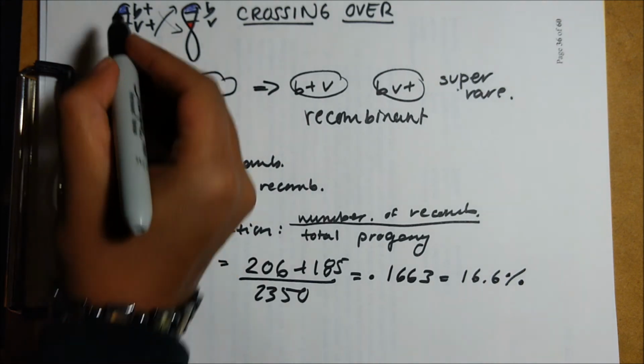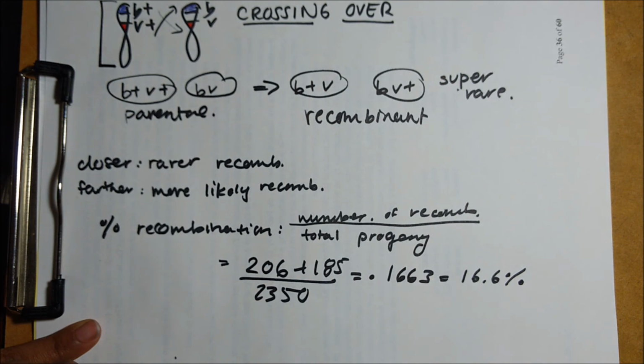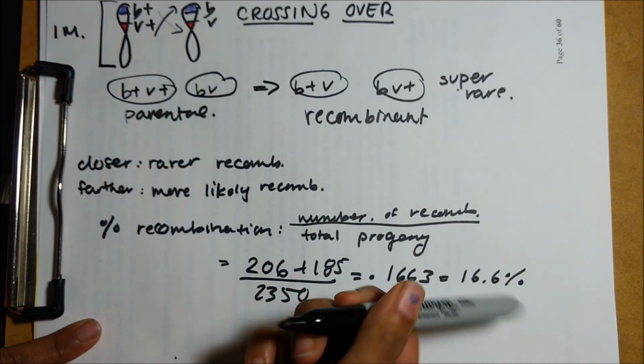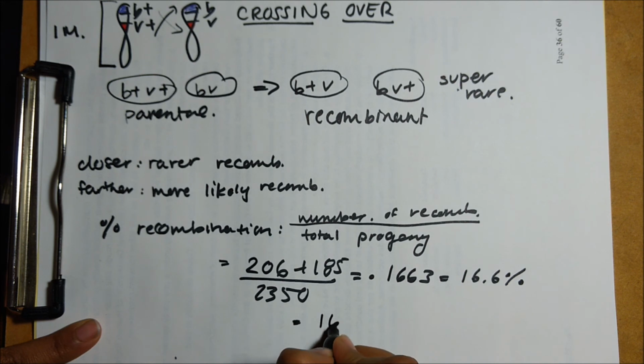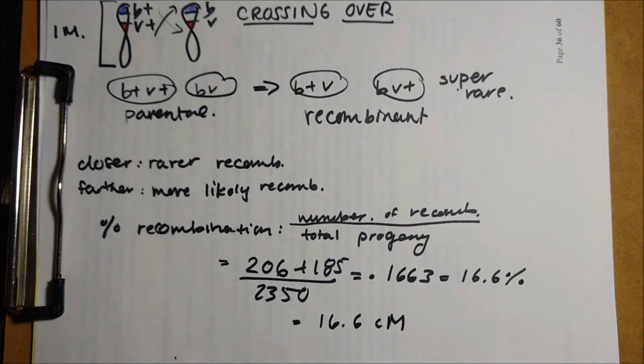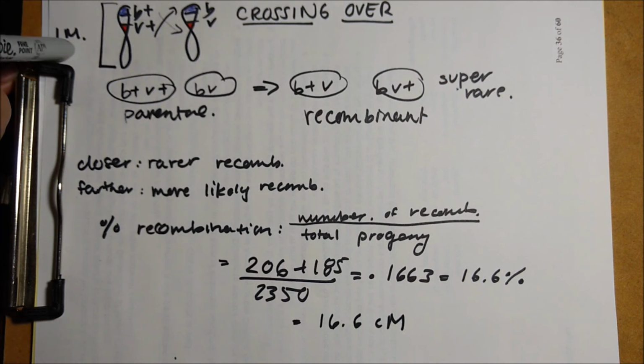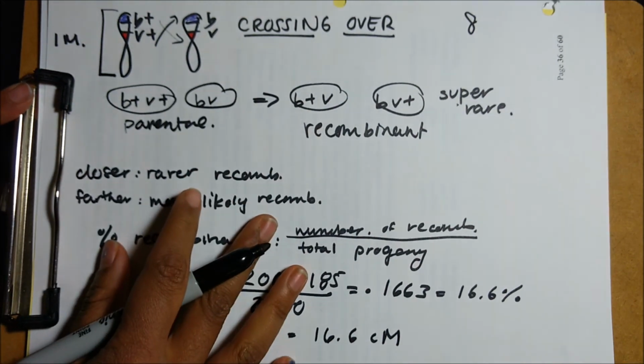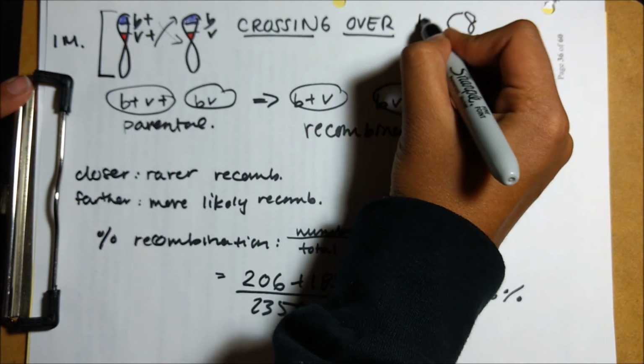Now according to Morgan, one chromosome is 1 Morgan. So this would be equal to 16.6 centimorgans. Now it's important to remember that a Morgan is an arbitrary value. If I have a smaller chromosome here, this would still be 1 Morgan.